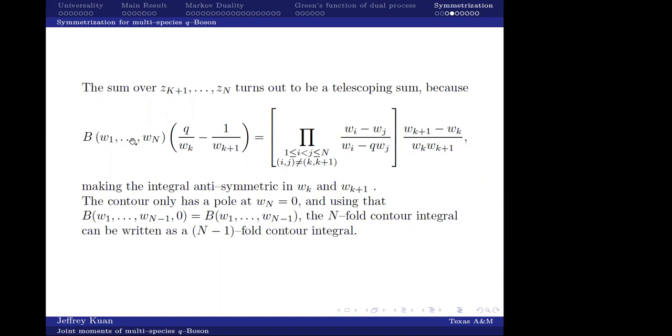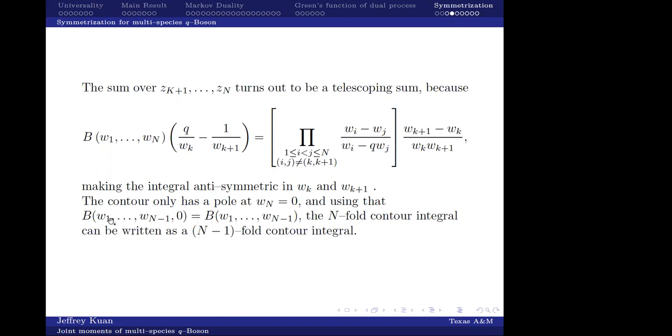And it basically turns out that B has this nice property that B times this thing is a term that's anti-symmetric in 2 variables. Because all the contours are the same, if you take the integral over an anti-symmetric term, you get 0. So you get a lot of cancellations, and you only have a pole at 0.